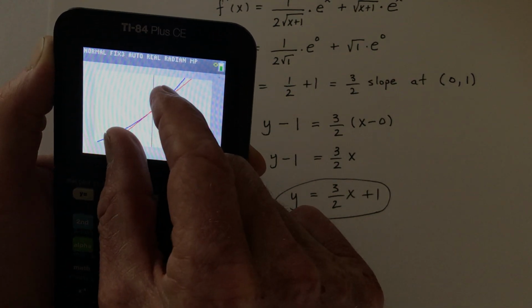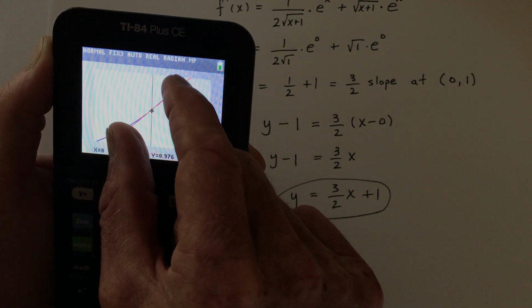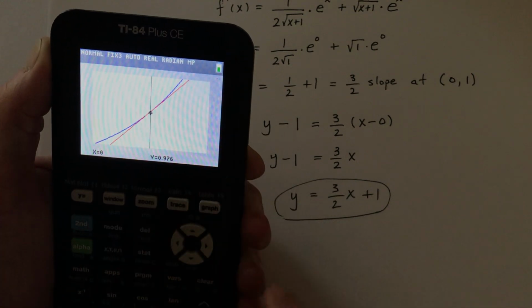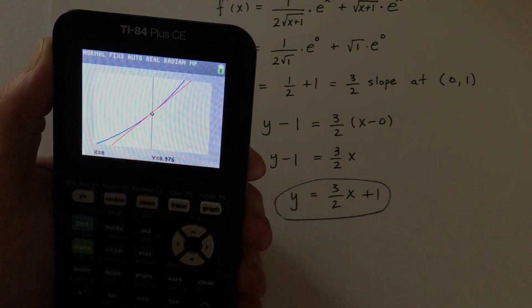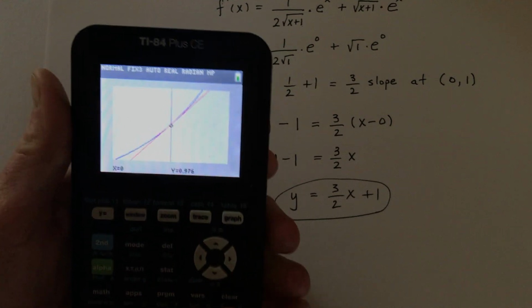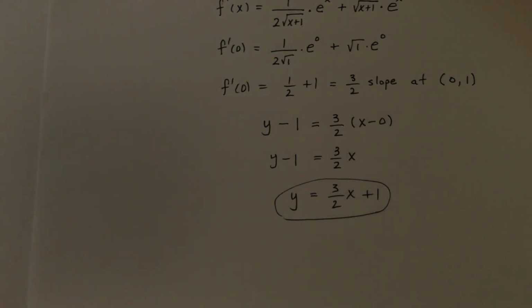So within this region, they're pretty much the same. And at 0, 1, they are the same. Okay, so by now I'm thoroughly convinced that I got that one right.